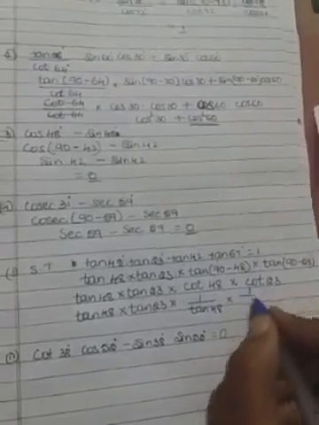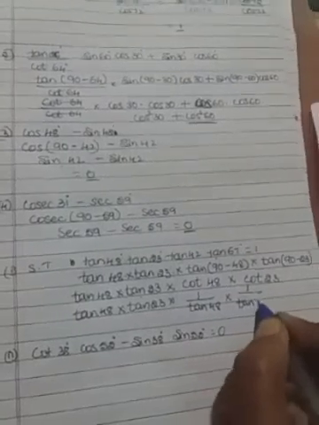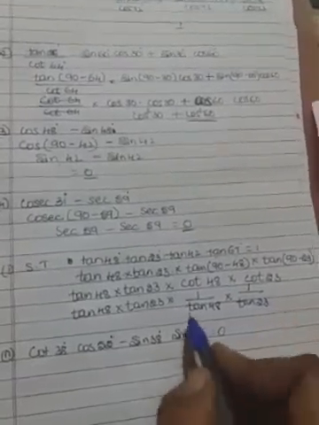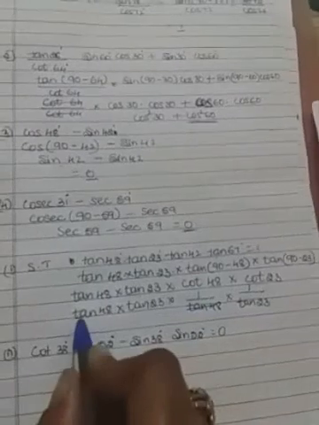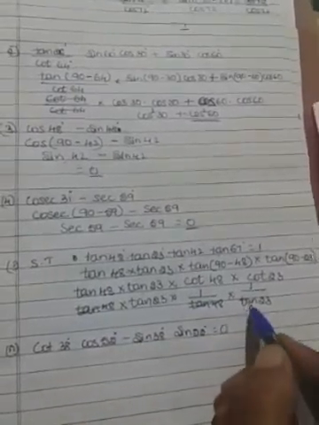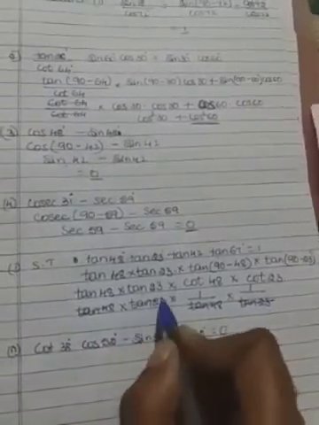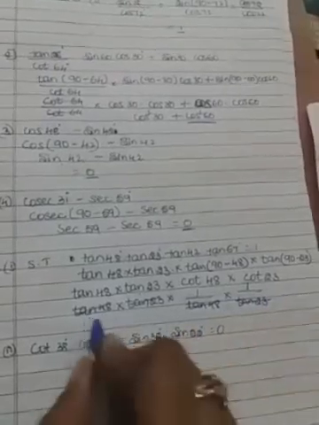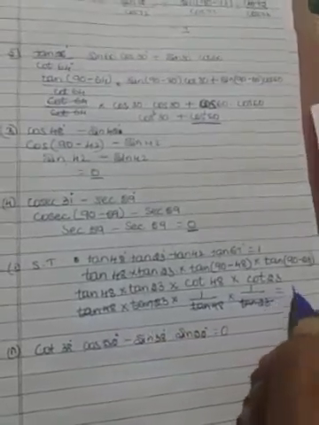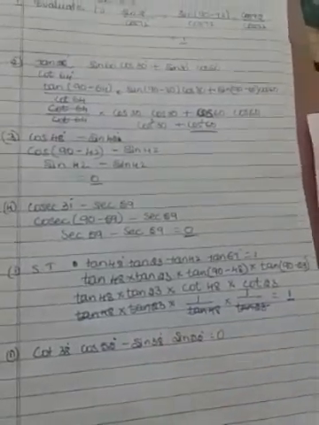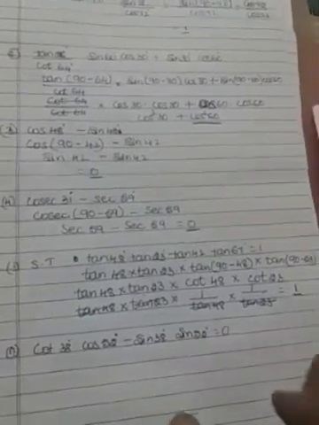This thing also we can write as 1 by tan 23. So tan 48 in the denominator and the numerator will be cancelled, and here also tan 23 in the denominator and the numerator will be cancelled, remaining nothing. So it is 1, and the value is 1.